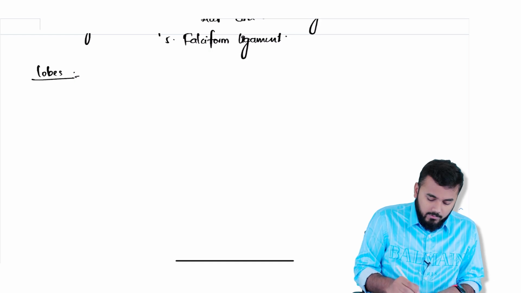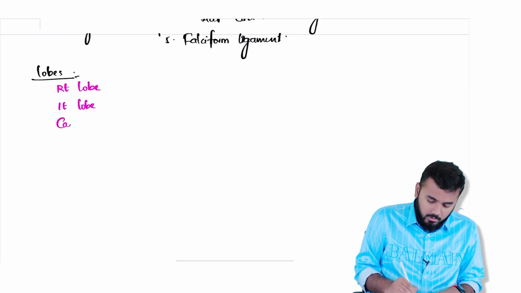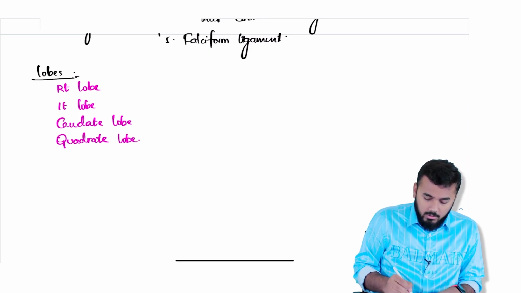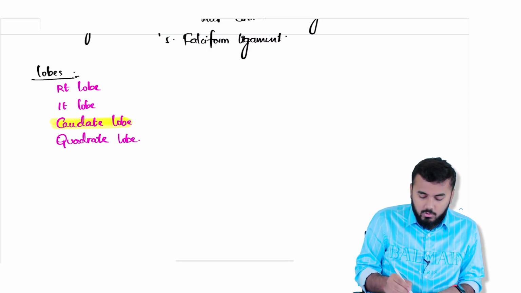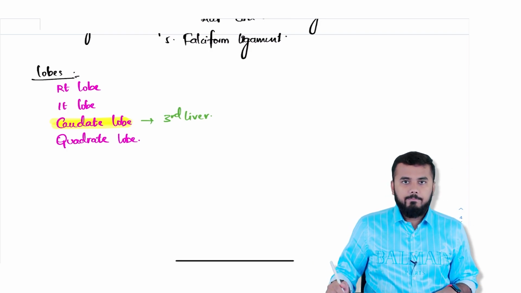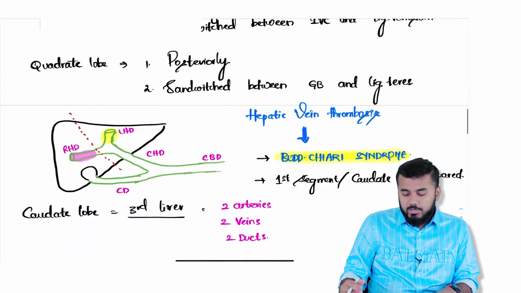The caudate lobe of the liver is called the third liver. Now we are done with most of the discussion of the liver.